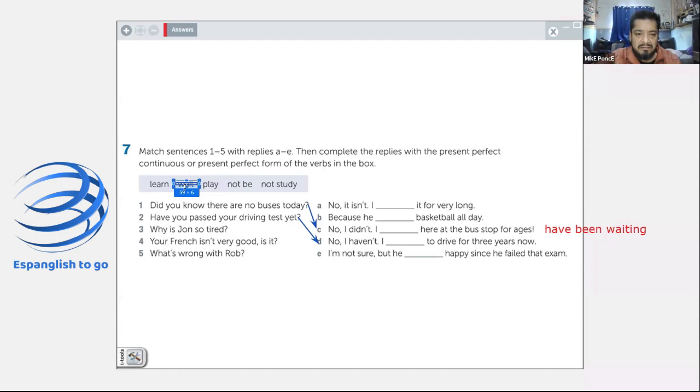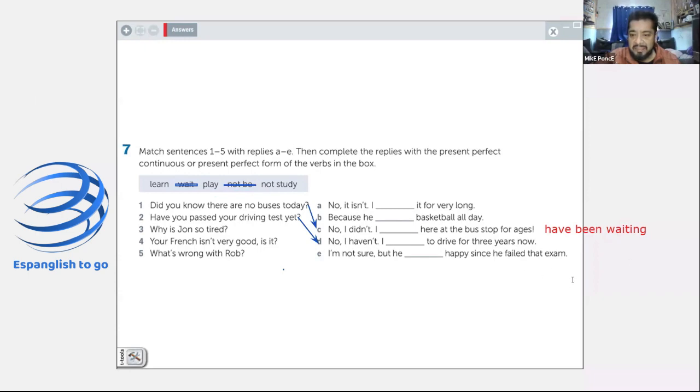And number 1, so it's gone. Then I have the option to use learn, play, not be, not study. So maybe here we can use not be. The verb to be we will use here. I will cross this one and I write my answer.